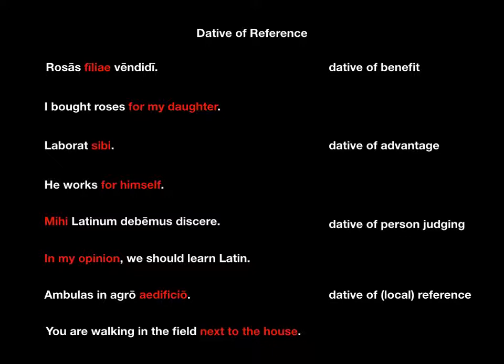In fact, you'll usually be able to use the word "for" to translate a dative of reference. But you may have to introduce another phrase or preposition entirely just to make sense of it. It won't be too hard. I won't be too hard on you to need to identify these kinds of constructions, but you need to know that they exist, and that Latin uses them quite a bit. So that's the dative.